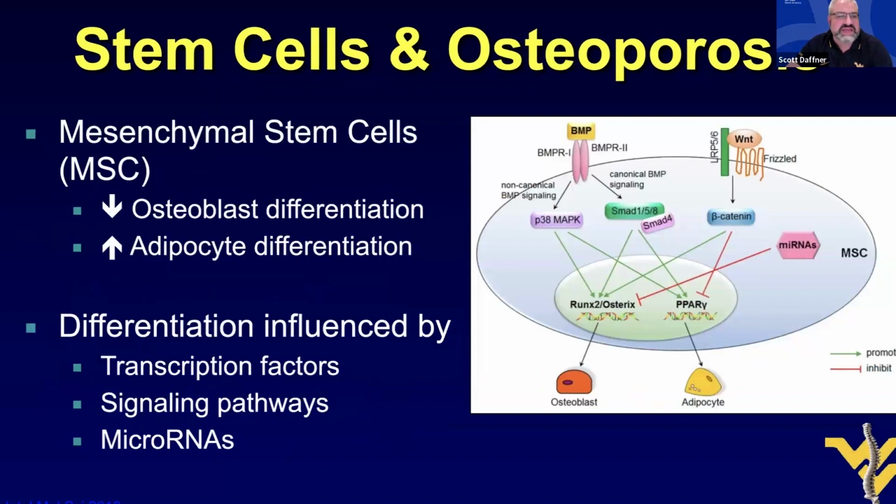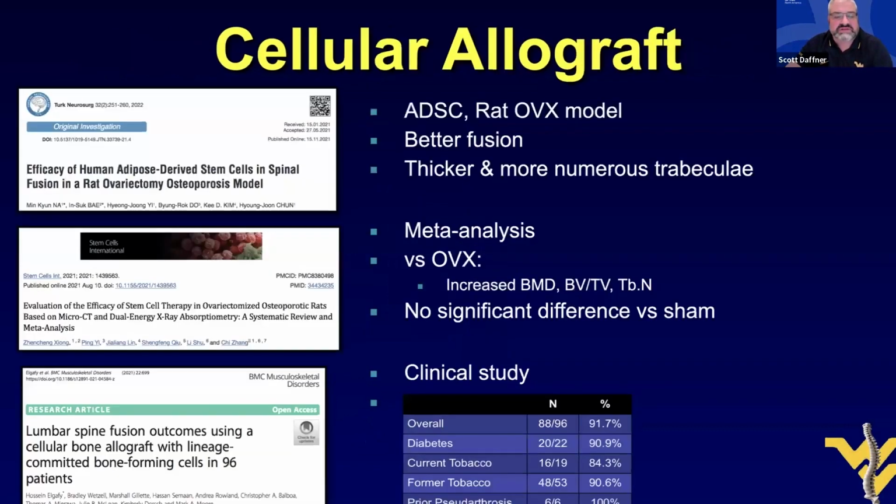And the data on that, again, it's not great unless you're a rat. There's just not a whole lot of data, but these top two studies looked at a rat ovariectomy model, and using cellular allografts they found better quality bone, increased bone density, more bone trabeculae, and pretty good fusion rates, so much that it kind of overcame the osteoporosis.